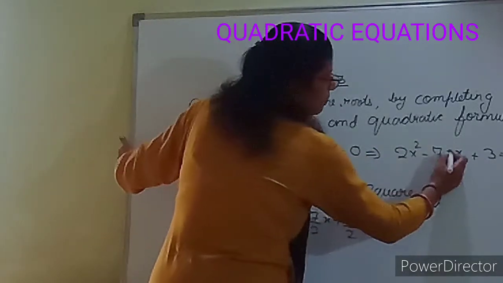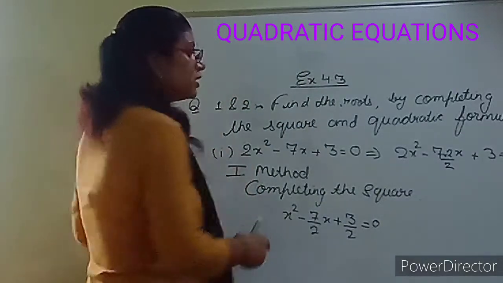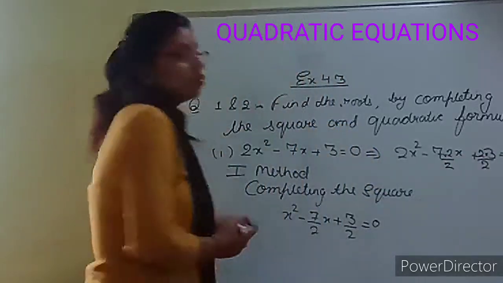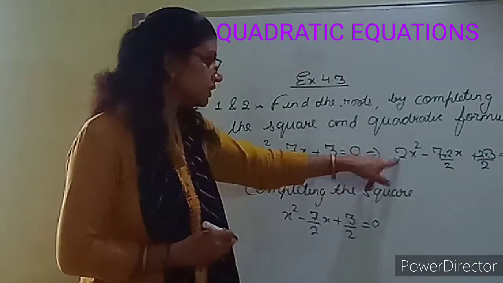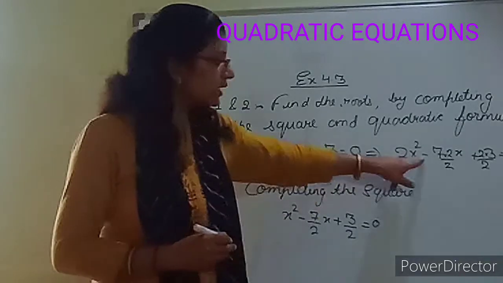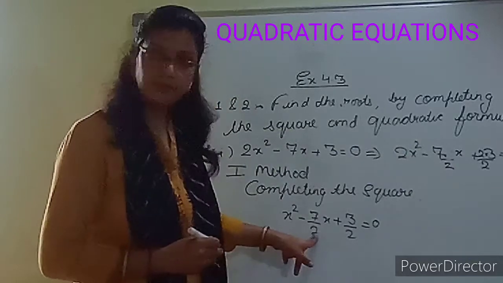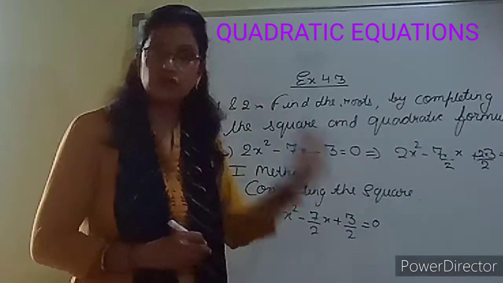Here I can multiply by 2 and divide by 2, so there will be no effect on the equation. Same way here I can multiply by 2 and divide by 2. Now I can take 2 common. If I take 2 common, it becomes x square minus 7 upon 2x plus 3 upon 2 equals to 0. Got it?